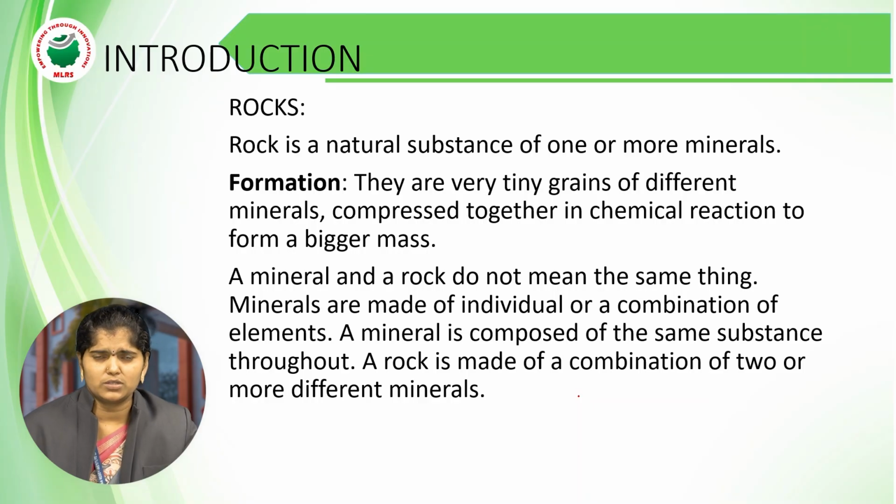First thing, rocks. Stones are from rocks. Rocks are naturally available material. A rock is a natural substance of minerals. In formation, very tiny grains of different minerals are compressed together, and through chemical reaction form a bigger mass.